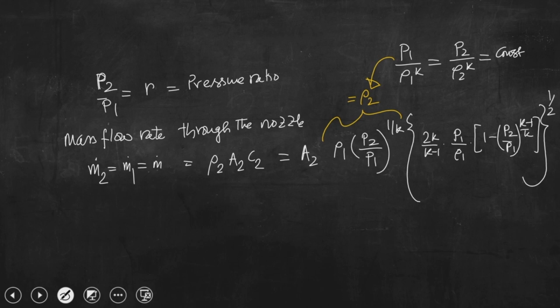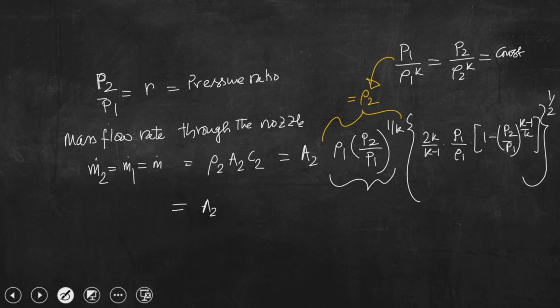So, what can we do now? We can try to simplify this expression, and then it will be equal to A2. We can take this particular factor inside the root.